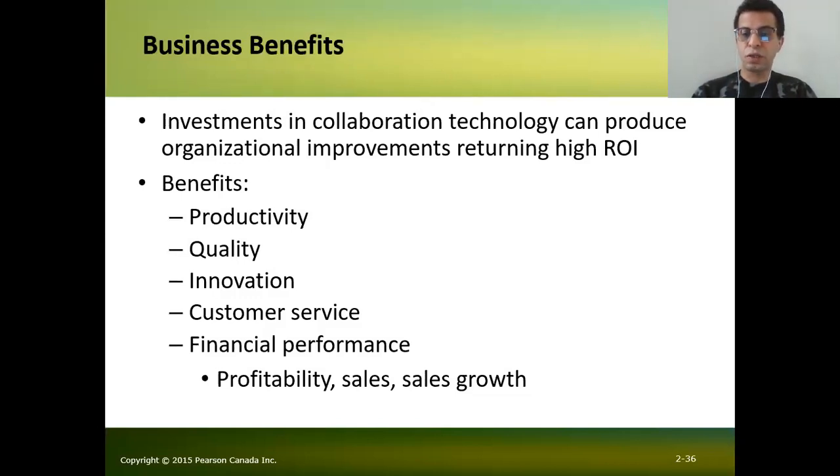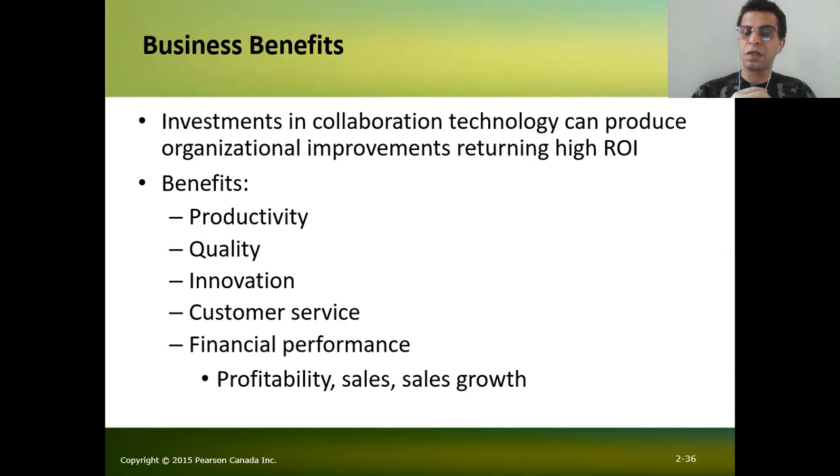Now, investment in collaboration technology can produce organizational improvement returns. When you are working very smoothly with your group and there is no lag or miscommunication, the return on the investment is very high. You start doing more effective work and making more effective decisions.